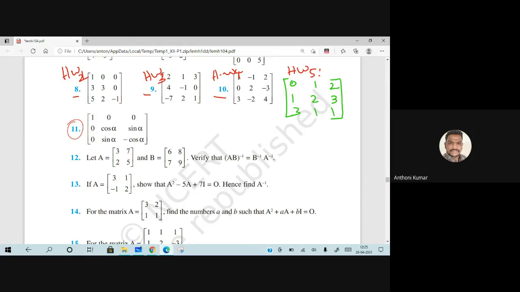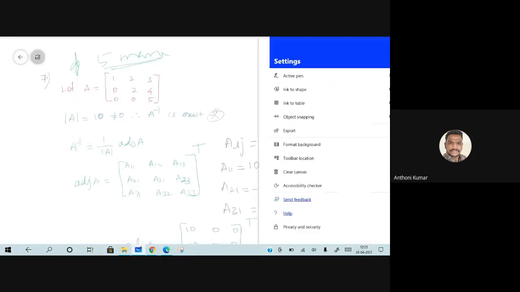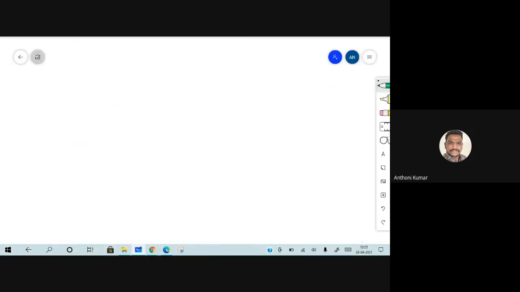Make it fast. Problem number 11. Tell me the given matrix. Let us take the matrix as A.